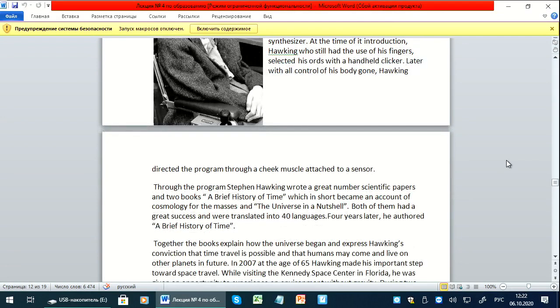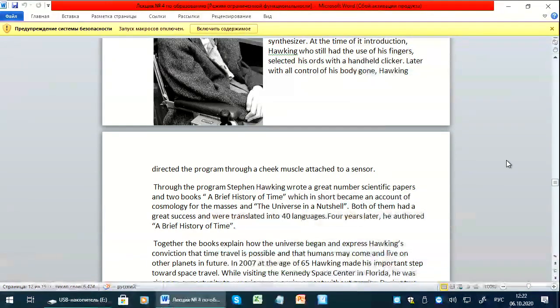Through the program, Stephen Hawking wrote a great number of scientific papers and two very interesting books, A Brief History of Time and The Universe in a Nutshell. A Brief History of Time became an account of cosmology for the masses, understandable for simple people, not professionals.